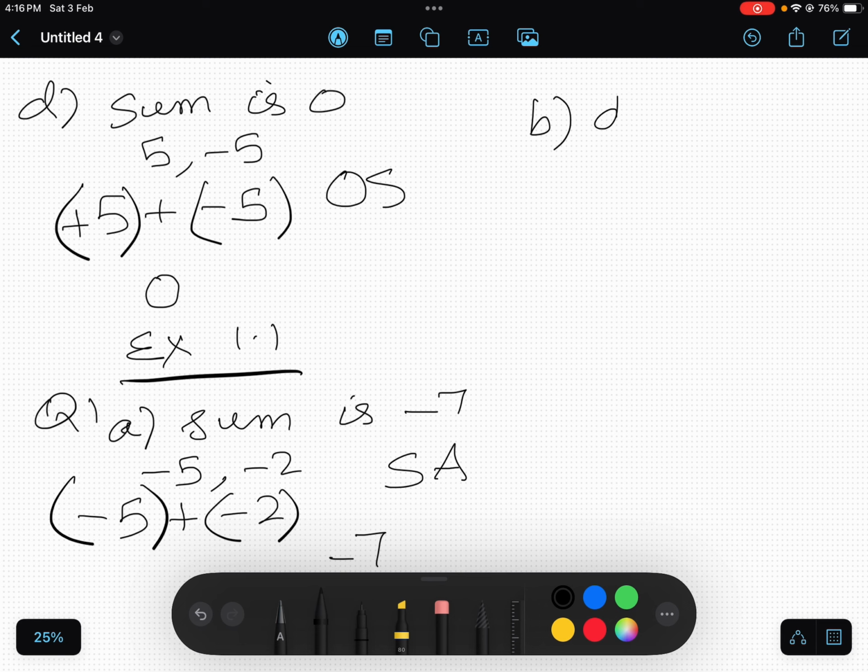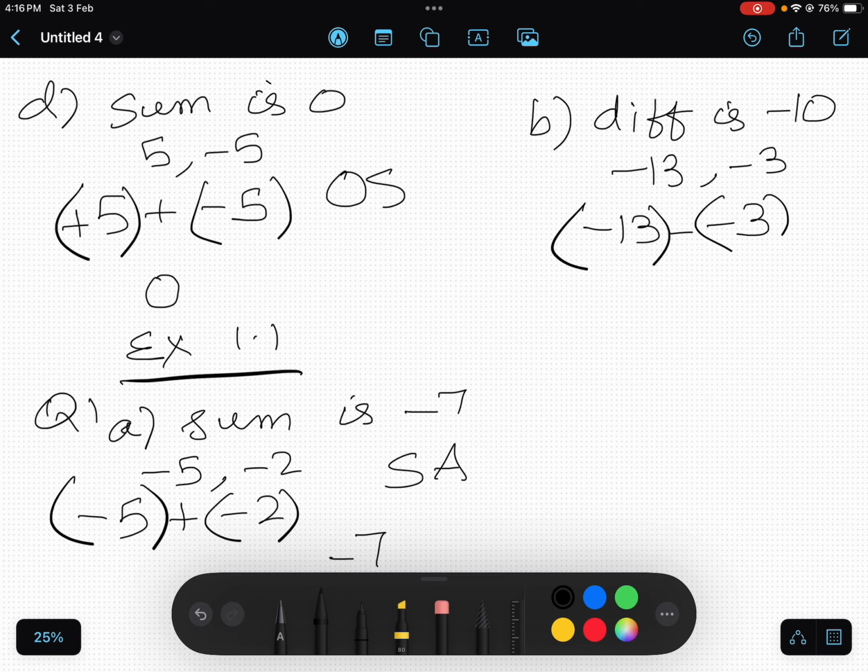Now look at the B part. Difference is minus 10. So they have told write down a pair of integers whose difference is minus 10. So let us take minus 13 and minus 3. So what will happen? Minus 13, difference means minus, then again minus 3. Put it in brackets. I told you there should always be a plus sign in the middle. So minus 13 plus, minus into minus becomes plus. So just write like this.